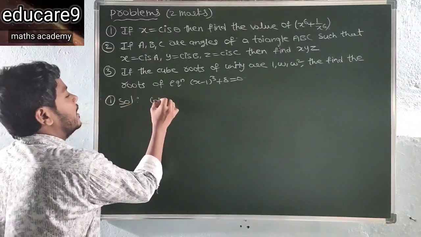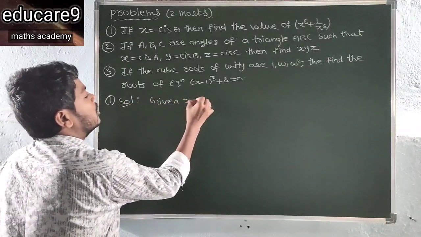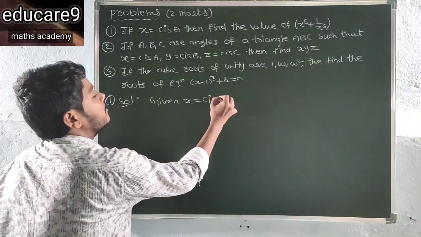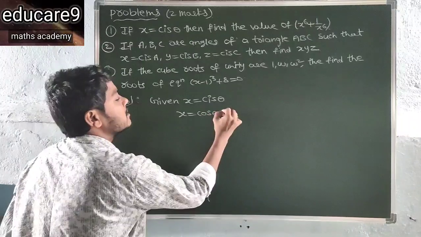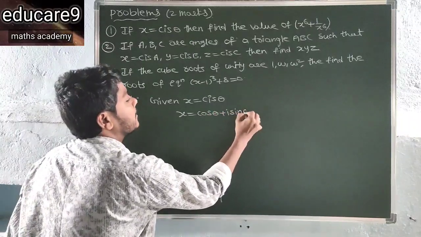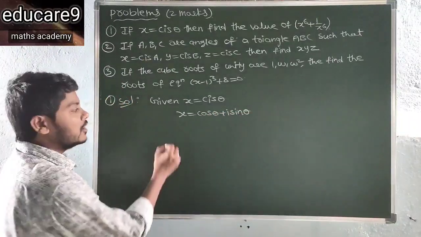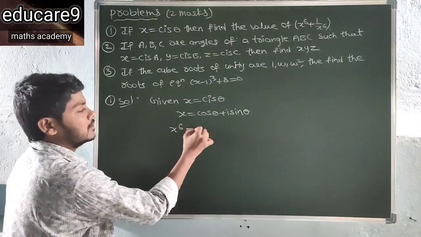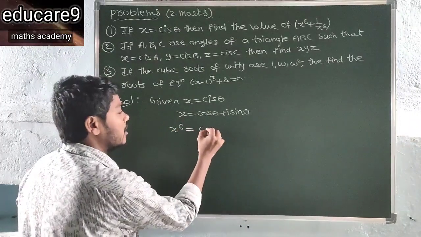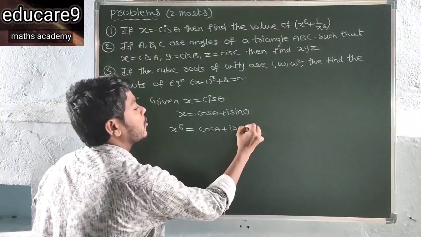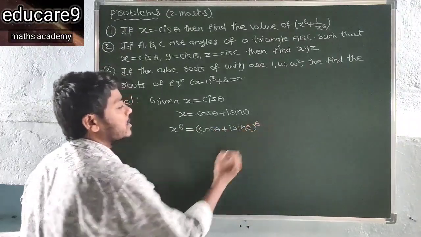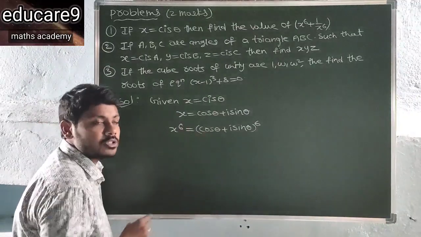Given x is equal to cis theta, so that means x is equal to cos theta plus i sin theta. Now find x power 6. So what is that? Cos theta plus i sin theta whole to the power of 6. Here we have to apply De Moivre's theorem.